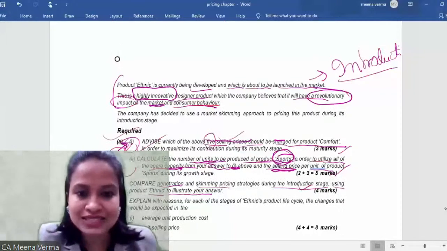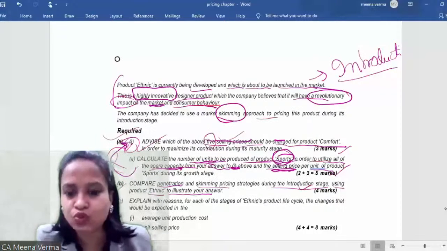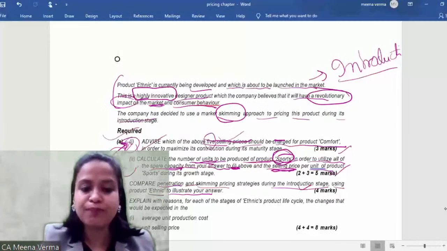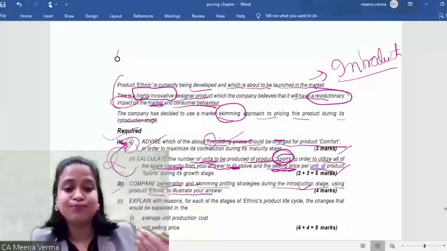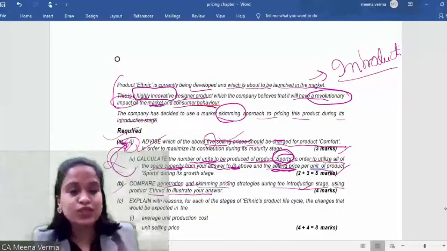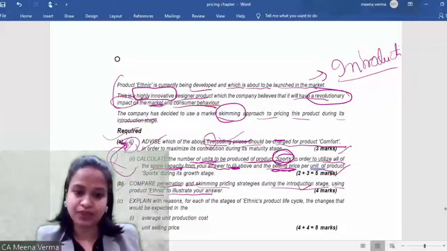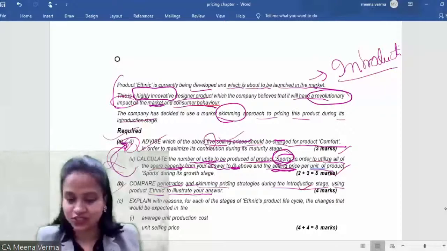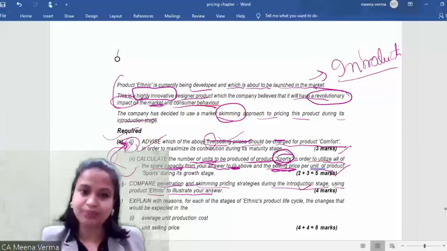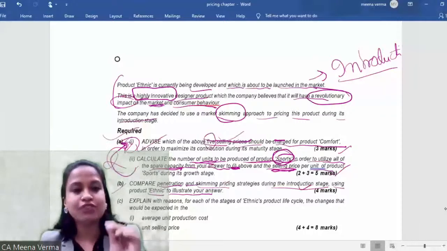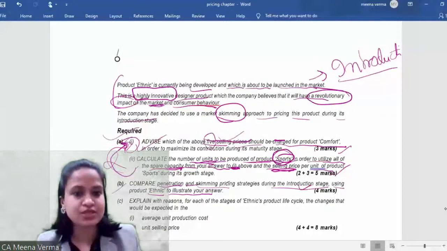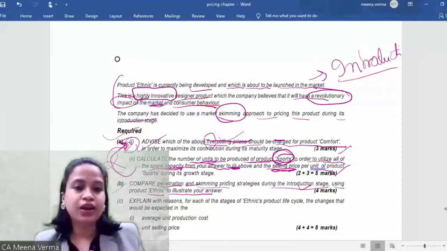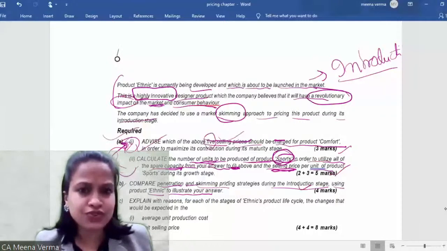Now the company has decided to use a skimming approach to the pricing of the product during its introduction stage. You tell them, compare market penetration and skimming pricing strategy, and tell them which strategy is good for them. If the product is a revolutionary product, it changes the way of doing business, it impacts the market, it changes consumer behavior, a highly innovative product, what kind of strategy is good?